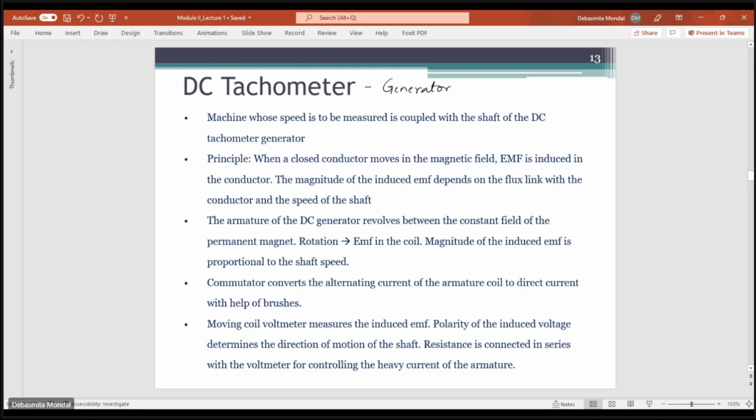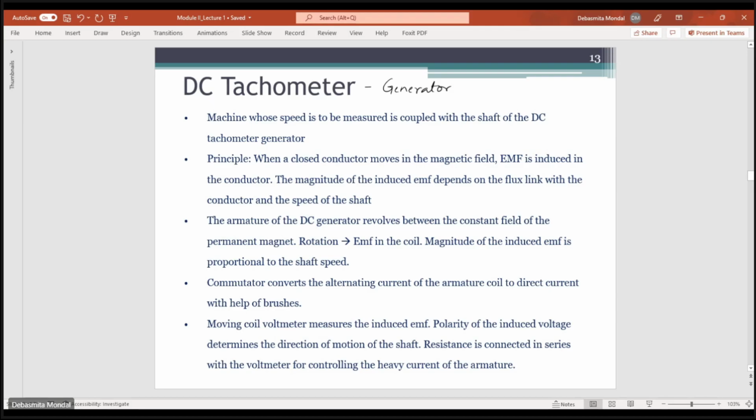So if you monitor the induced voltage, you get a measure of both the speed of rotation as well as the direction.